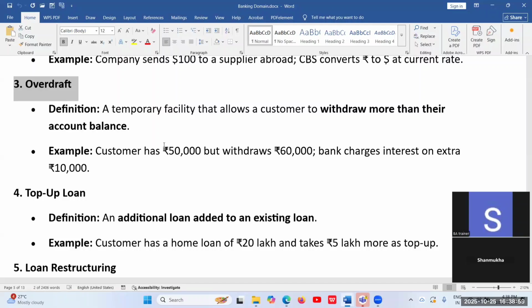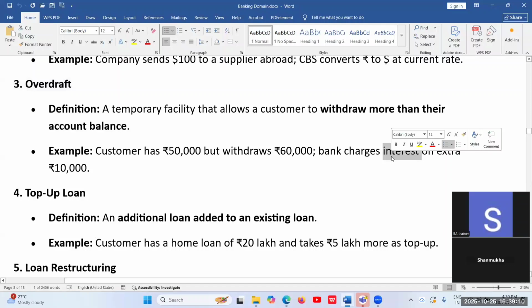When you say overdraft, they will process the certain amount of money, but in return you need to pay in the form of interest that will be charged by the bank. The interest rate depends on the bank and how much they are charging. This is called overdraft.